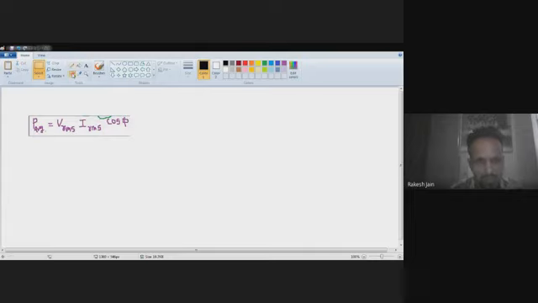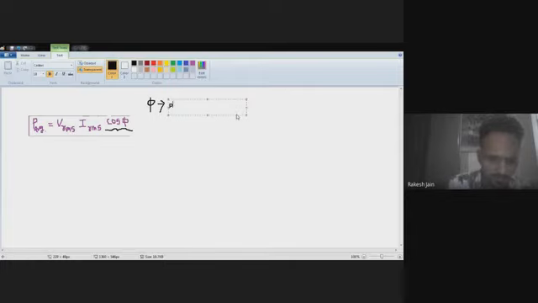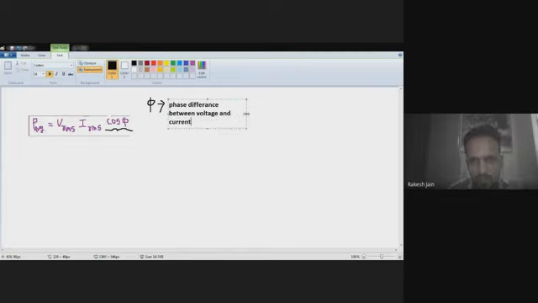Now we will see what the average value of AC is in case of resistive and inductive circuits, and what the meaning of this cos phi is. Phi is the phase difference between voltage and current.